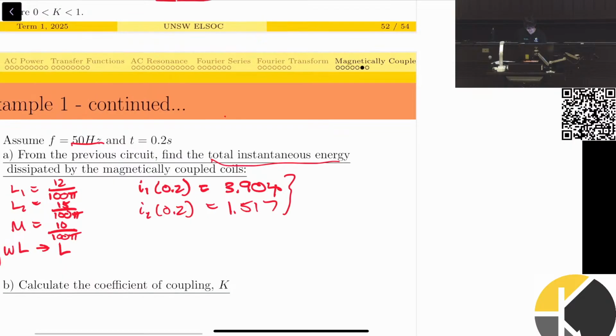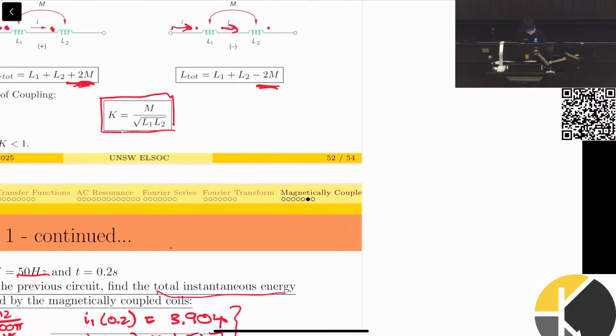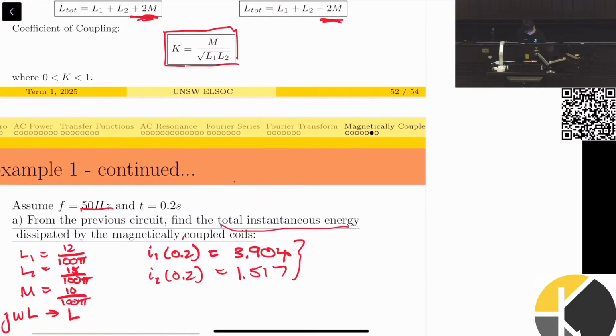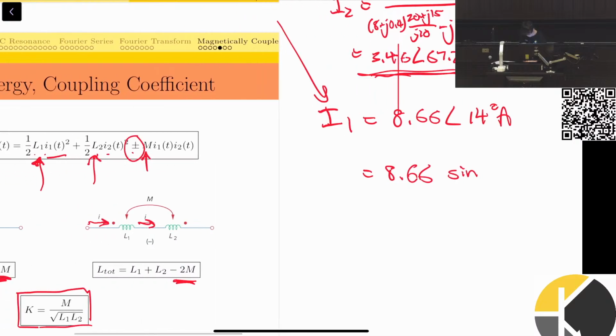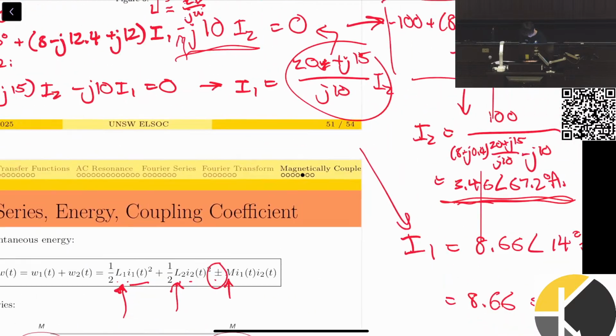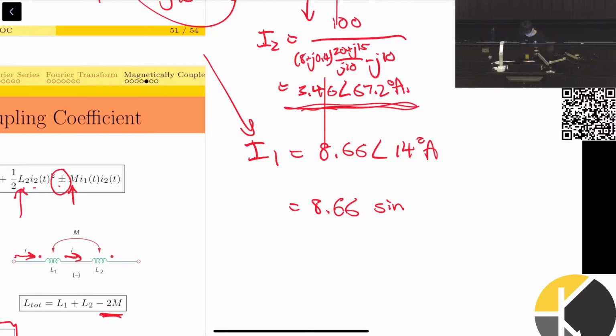One important thing I might note is to actually calculate these values, to sub in time equals 0.2, I would first need to convert this back to the time domain, which would be sine. Is it sine? No. Let's assume it's cos in this question. So cos 100 pi t plus 14 degrees. And I would sub in t as 0.2. But the important thing is, this is in degrees.